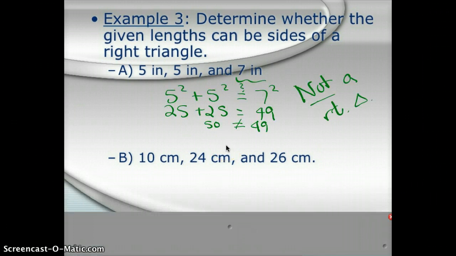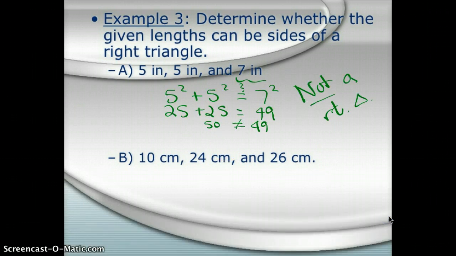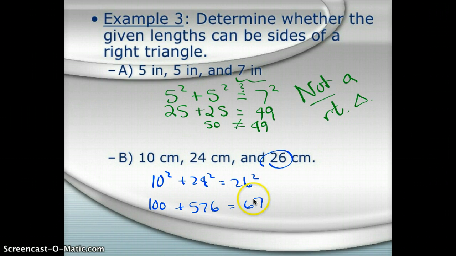All right, this one: 10, 24, and 26. I'm going to do the same process here. The 26 is the longest one, so if this is a right triangle, that's the one that would be c. So we're going to see if 10 squared plus 24 squared really equals 26 squared. You should be trying this one on your own. Okay, so 10 squared is 100. 24 squared is 576. 26 squared is 676.